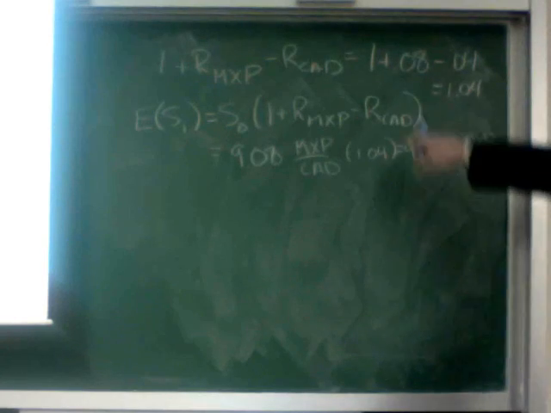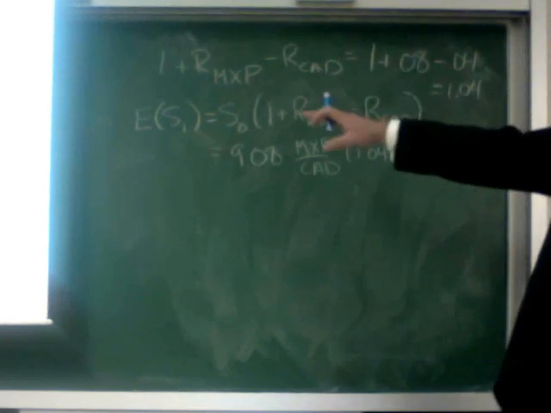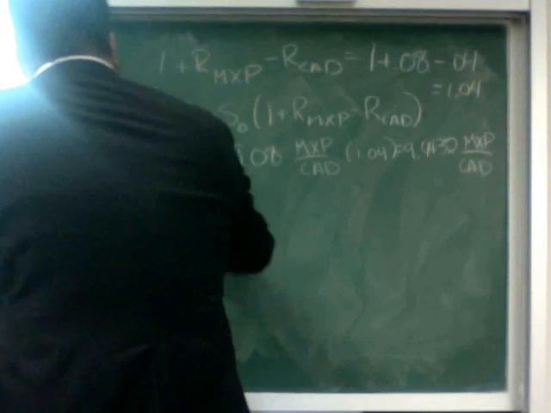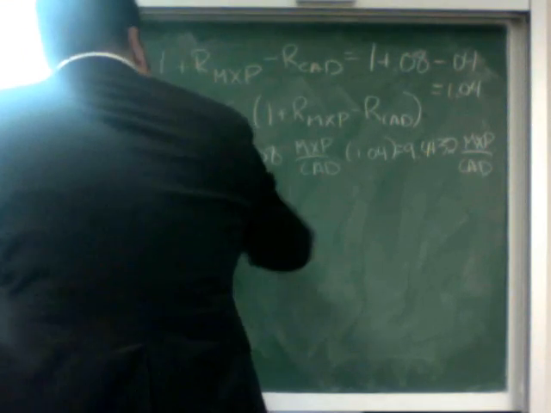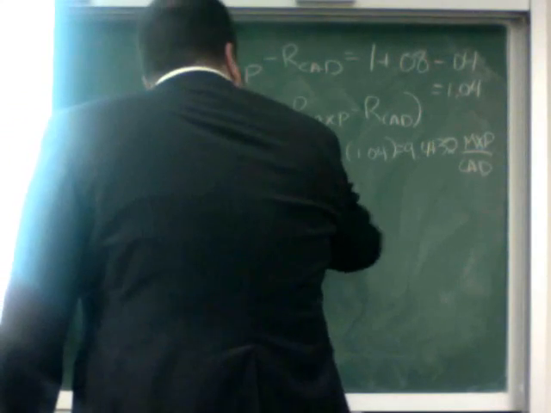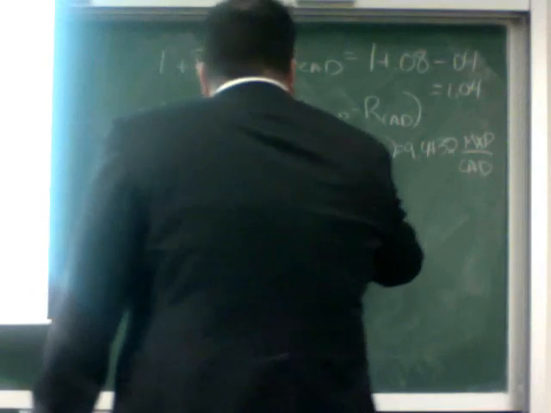So now instead of having to redo this for E(S2), E(S3), E(S4), and so on, all you've got to do is take the previous one and multiply by 1.04. So E(S2) is going to be 9.4432.